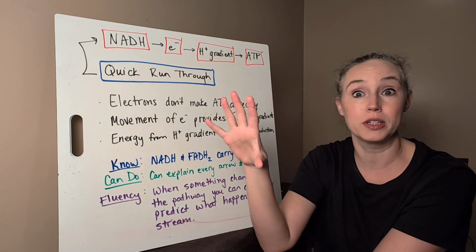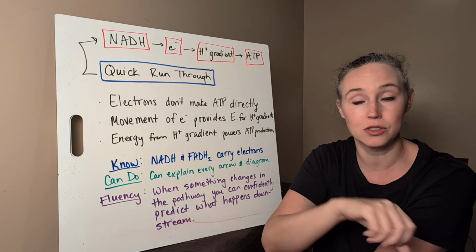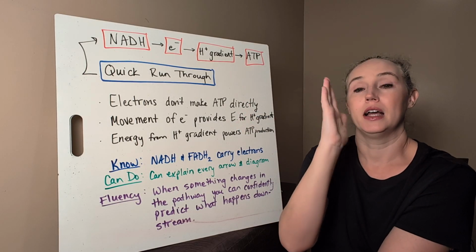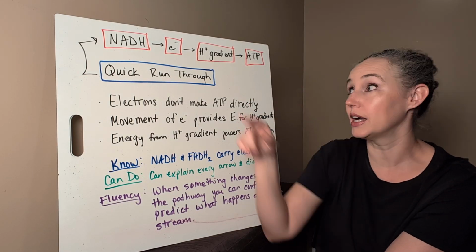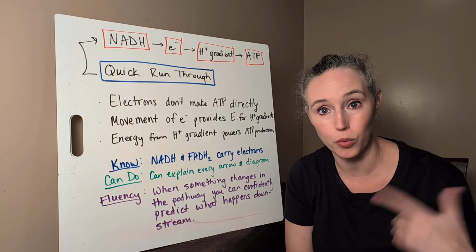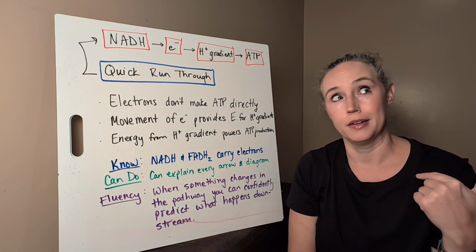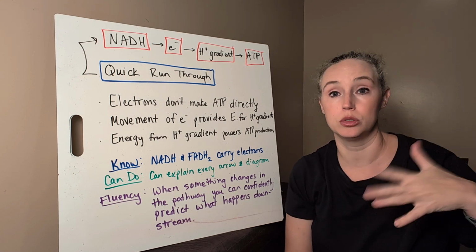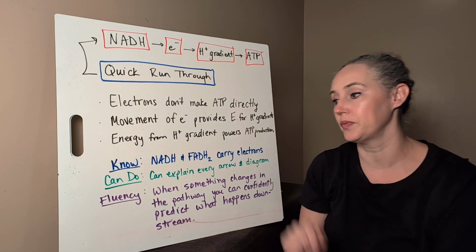So I might take a screenshot of some of these or use what you have in your book or online and try and talk through, like I just did, all the steps. And if you can say them out loud without needing to look at notes, then you're at the can-do level, like you get the system.